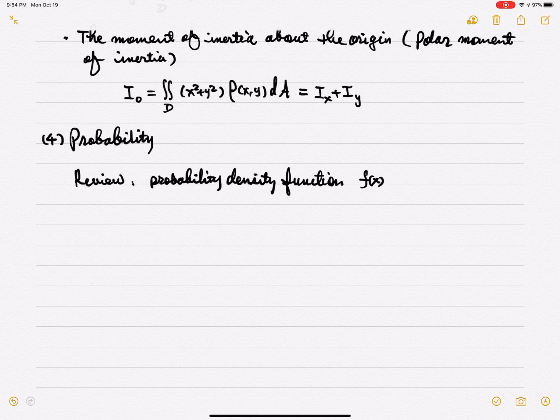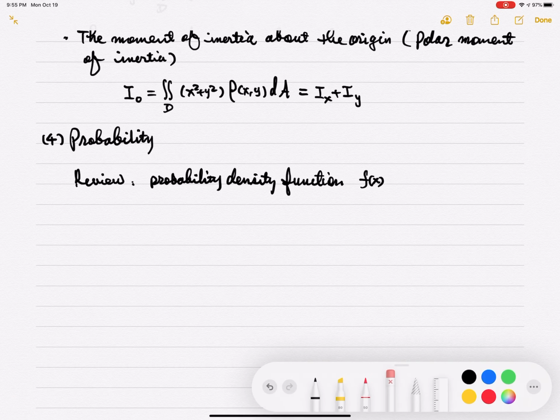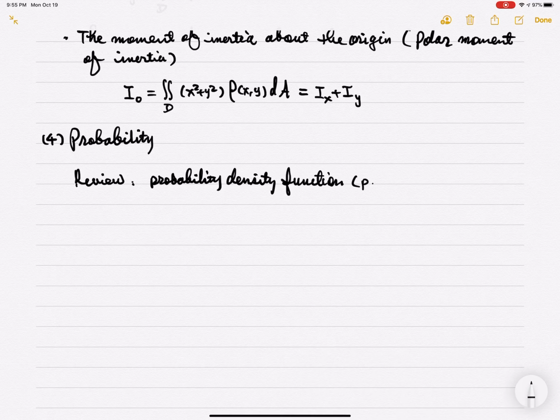Suppose we have a random variable x, and it has a probability density function f. Sometimes we just call it PDF. For one variable, it's like this.